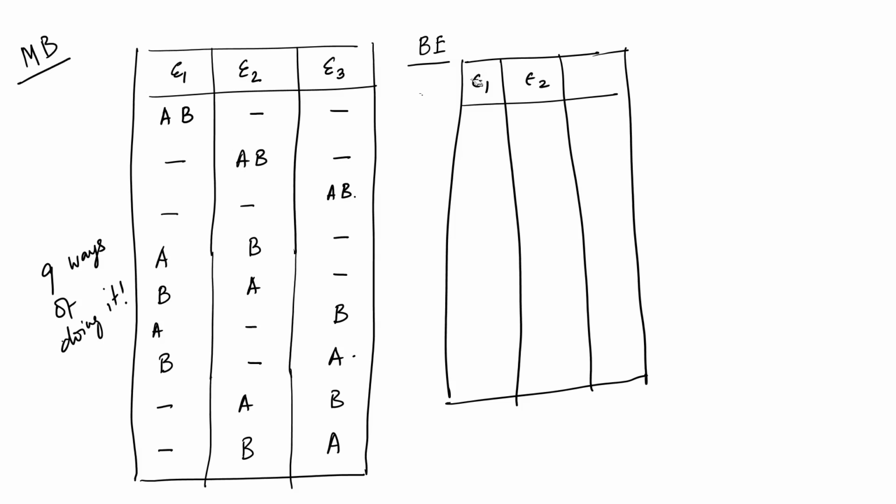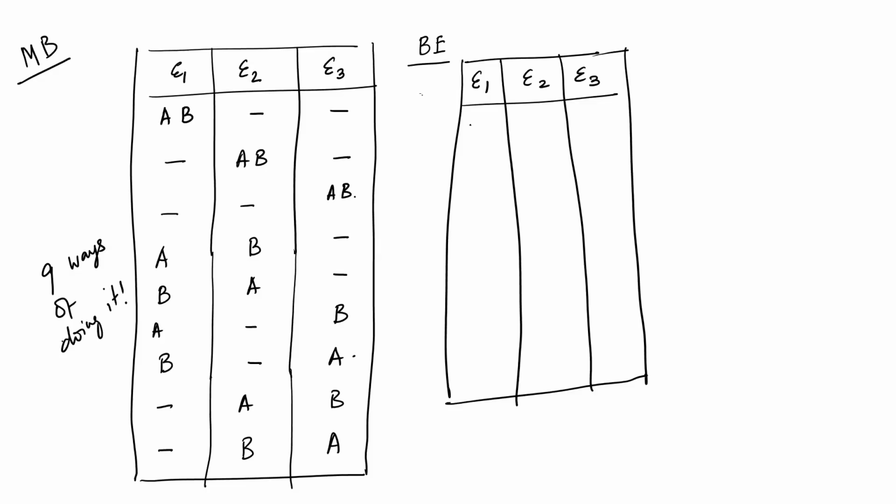Well, we are writing it slightly differently. So, epsilon 1, epsilon 2 and epsilon 3, and now they are of course identical and indistinguishable. So, to take into account the indistinguishability, we will write both of them as A instead of A and B, but there is no restriction on the number of particles that can be assigned to a single energy state.